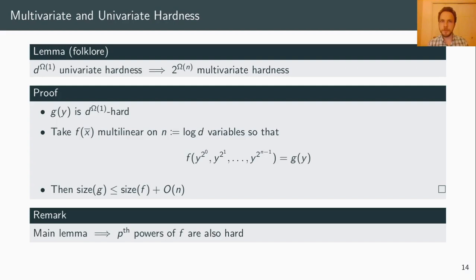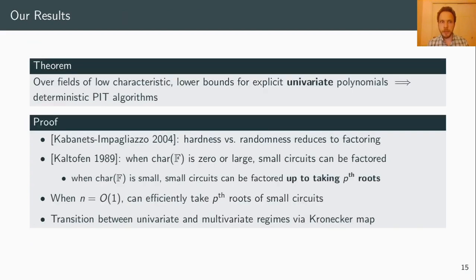Now I want to zoom back out and remind you one more time what it is that we prove in this work. We're showing that you can de-randomize PIT in the low characteristic regime using lower bounds against families of univariate polynomials. The first two steps of the approach follow the same framework that Kabanets and Impagliazzo use in their original work from 2004.